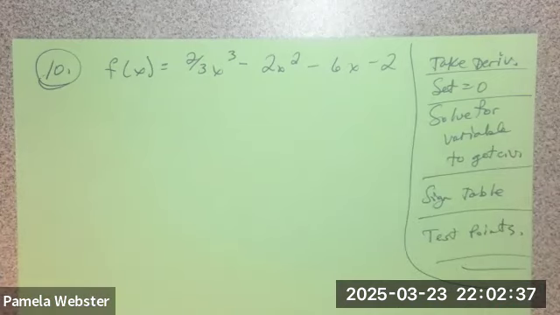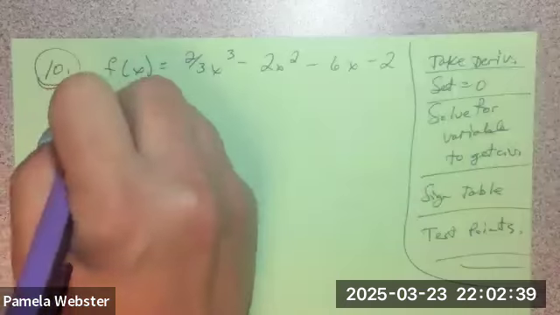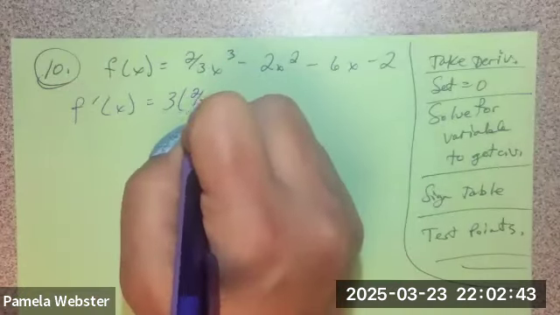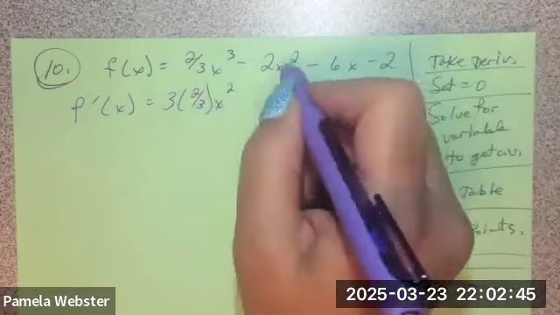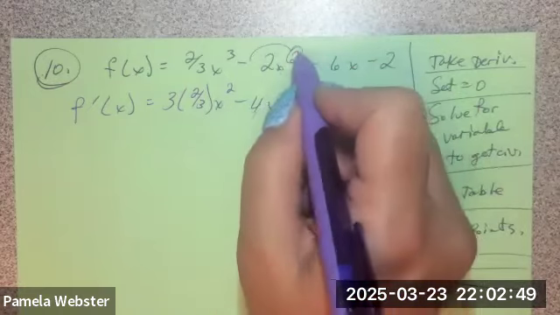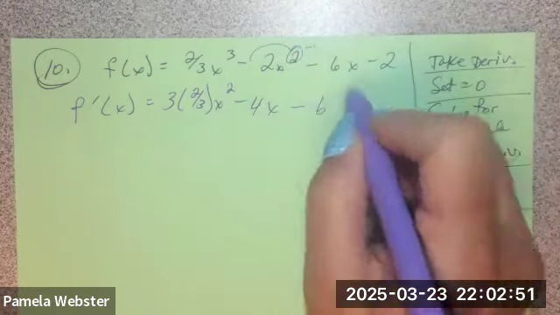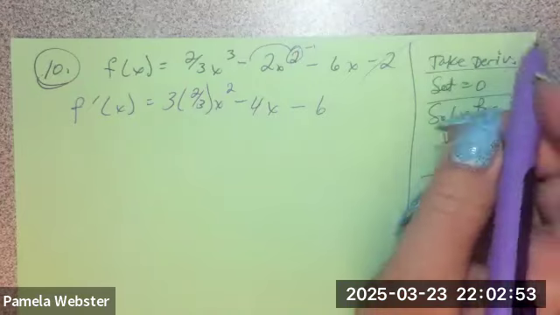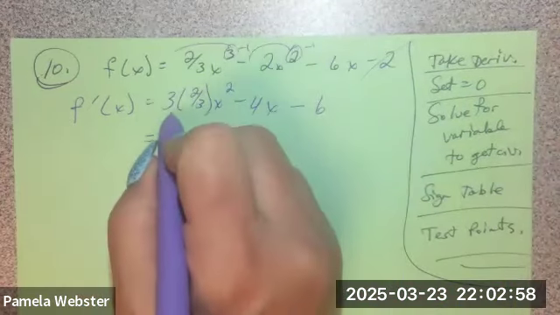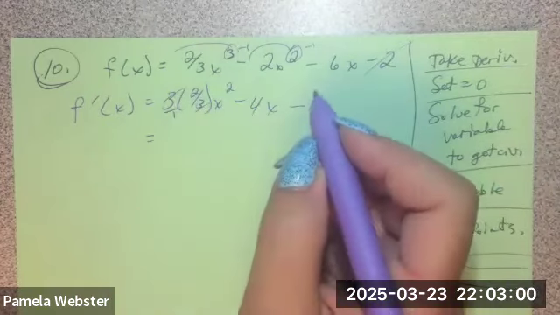That's what we mean by use the first derivative test. So take the derivative here. f prime of x is equal to 3 times 2/3 x squared minus 4x, subtract 1, minus a 6. That goes away. So that's a 3 over 1, the 3's will reduce out.